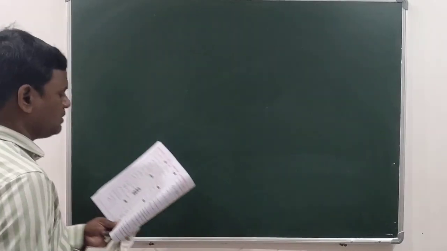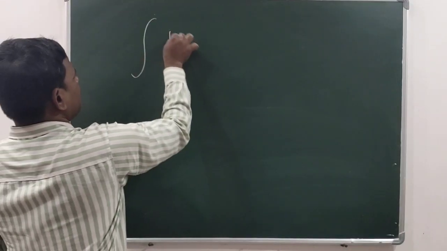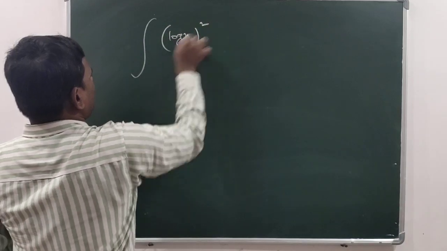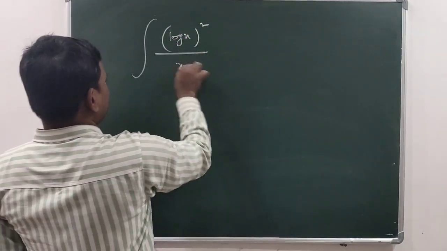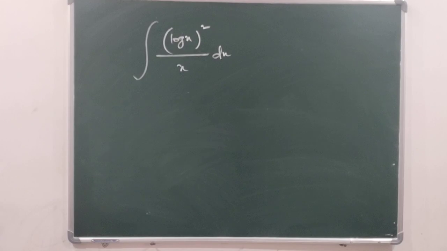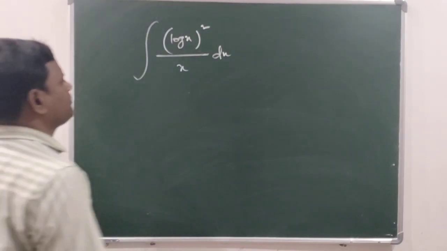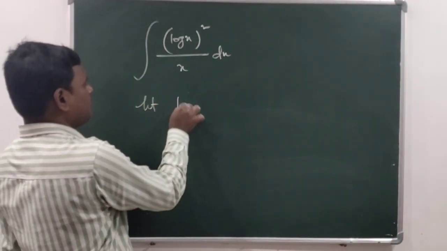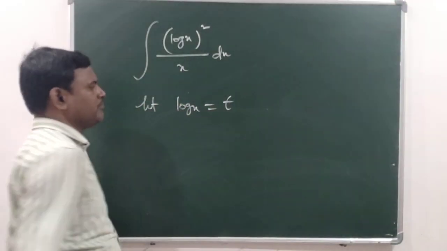Now tell me, how do we do this? Integral of log x whole square by x into dx. Tell me students, how do we answer this question? Let us take log x equal to t.